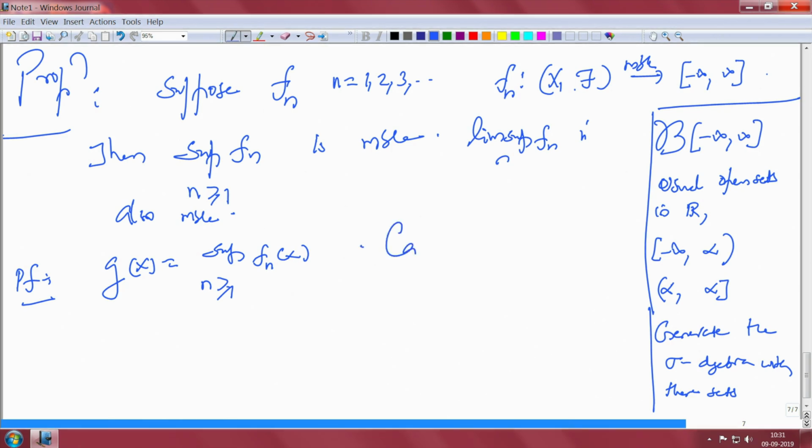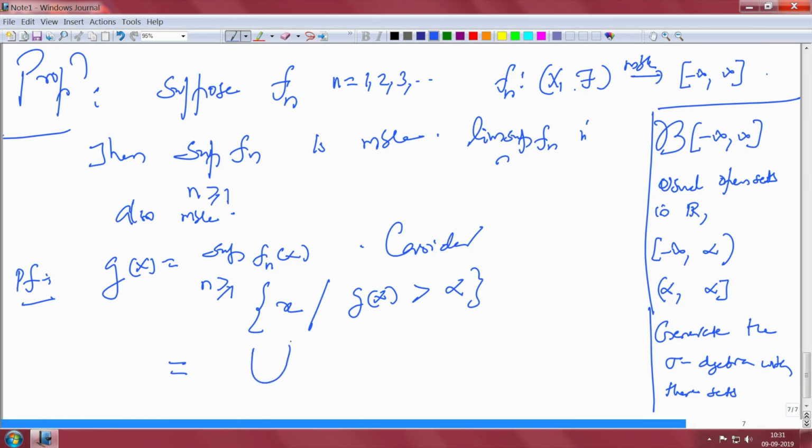Now, consider the set of x such that g of x is greater than alpha. Well, what will this be? g of x greater than alpha means the supremum is greater than alpha, which would mean that one of them is greater than alpha.